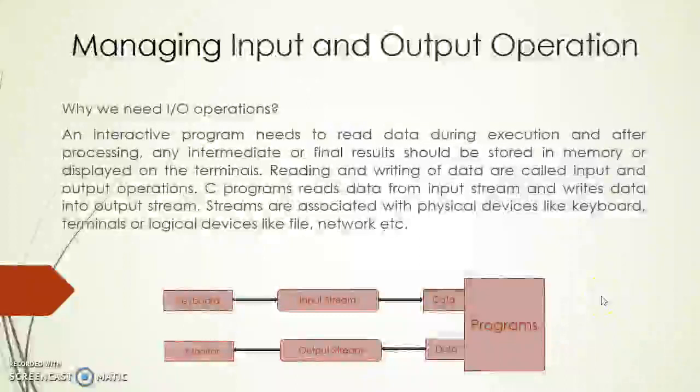Okay, today we discuss IO operations in C and why these operations are useful. We all know programs are a collection of instructions, and instructions work on a set of data.